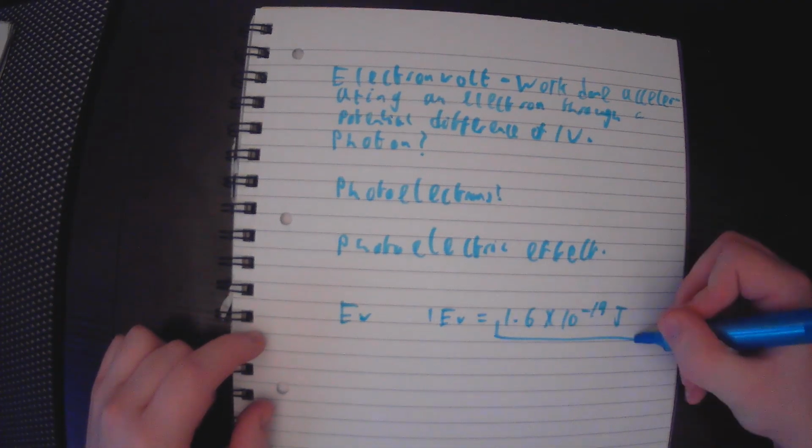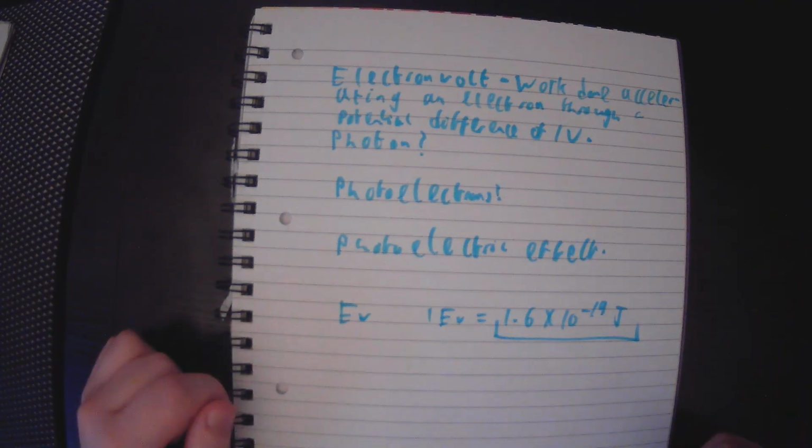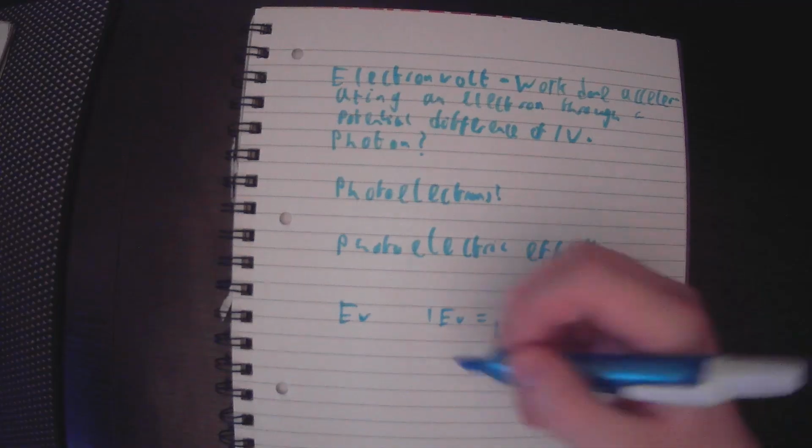So that is the amount of joules required to accelerate an electron through a potential difference of 1 volt. We will go over what potential difference actually is when we move on to the electricity topic. So yes, that's what an electron volt is.